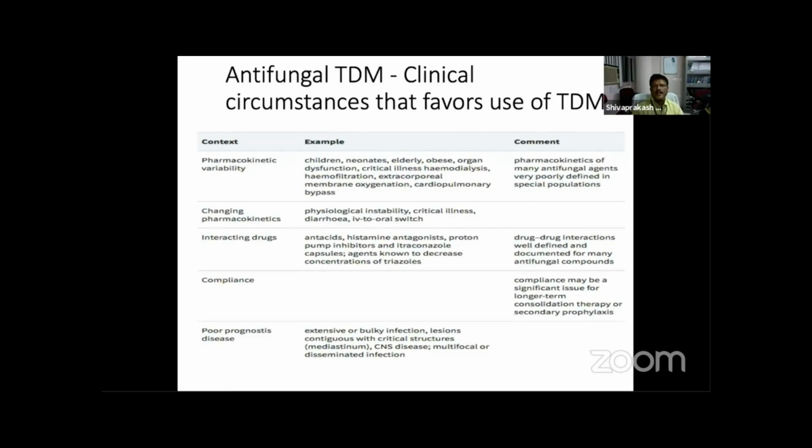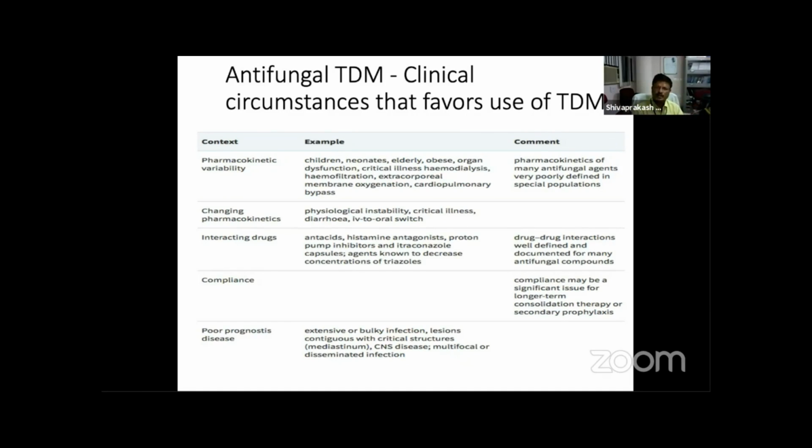Coming to antifungal TDM, there are different contexts. For example, pharmacokinetic variability. In children, pharmacokinetics is different. In neonates it is different. In the elderly and the obese, the mass is too much.